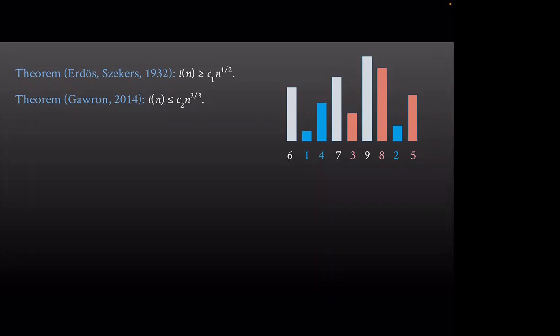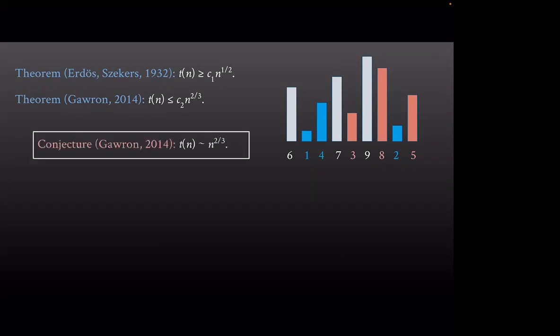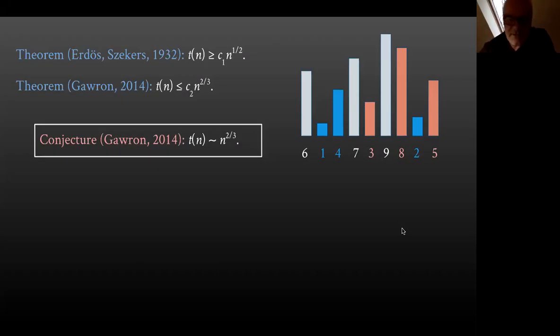So there exist permutations with twins no longer than n to 2/3, and almost every permutation has this property. And he conjectured that actually this function is n to 1/2. Okay, so this is the conjecture, and maybe the most intriguing in the whole talk.